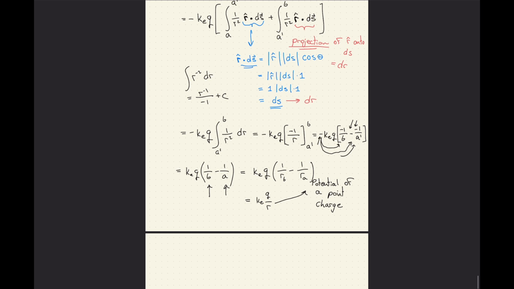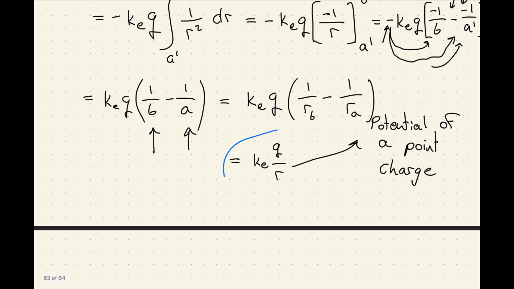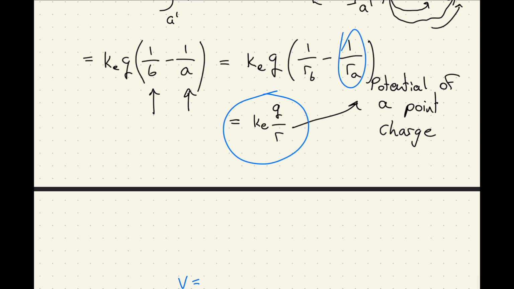Please just consider that when you're sitting in a test, they're going to tell you, okay, we have a point charge and the potential. They're not going to say potential difference. They're just going to say potential, because we are considering that the reference point is at infinity. So this entire thing goes to 0, and they just take this component here.